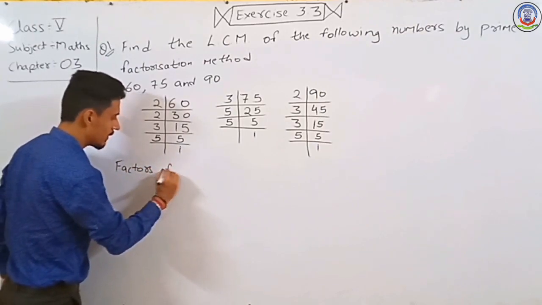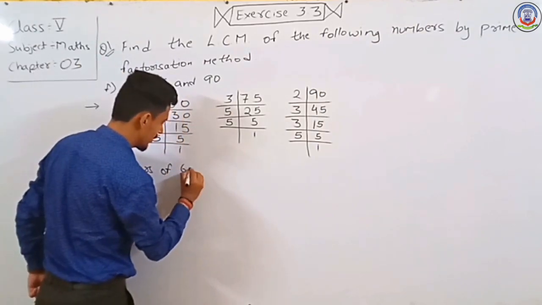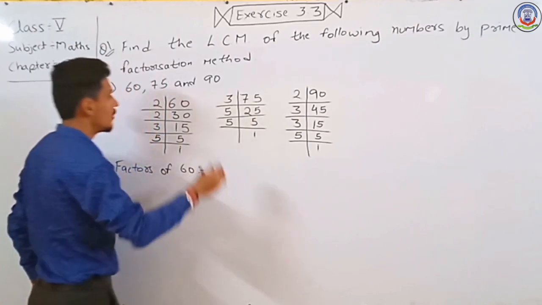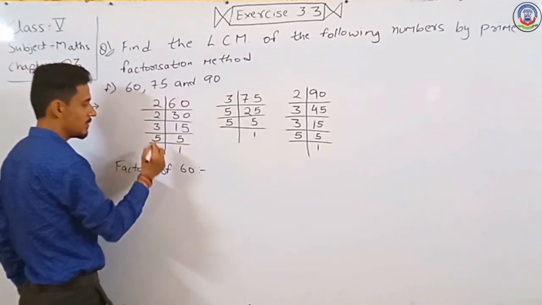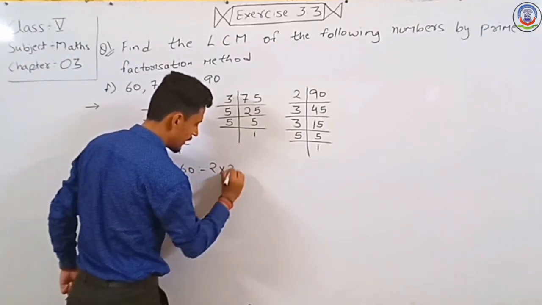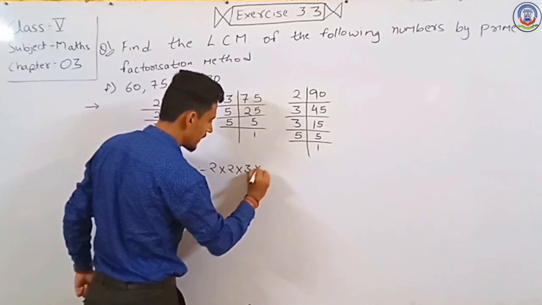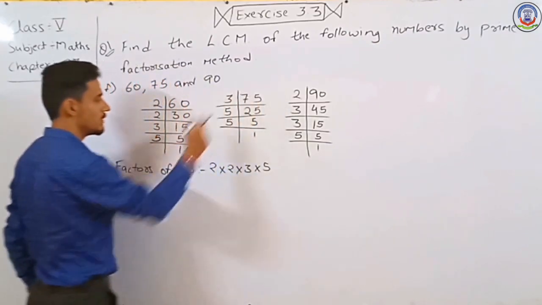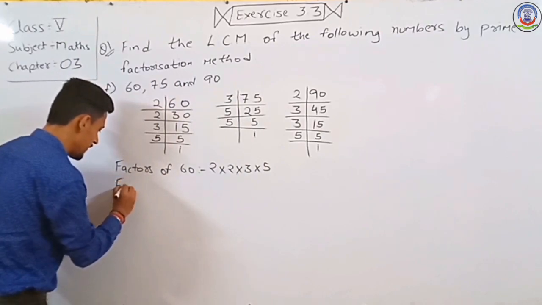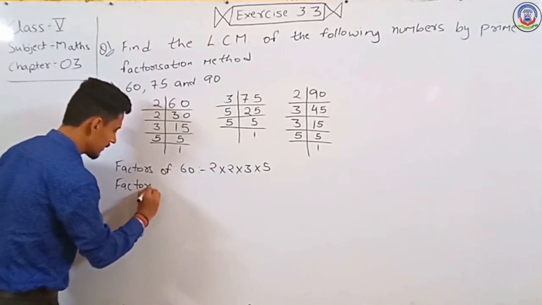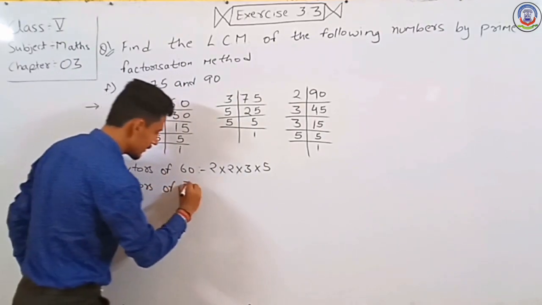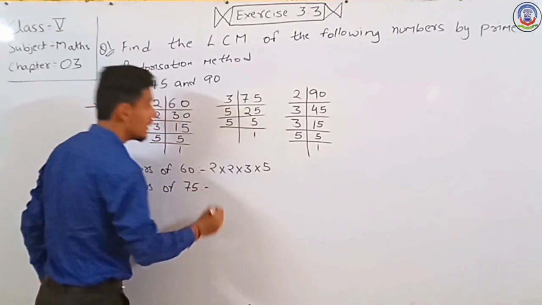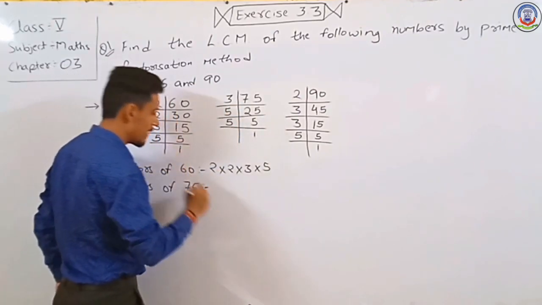So we write here factors of 60. What we have: 2 multiply 2 multiply 3 multiply 5. Next we have factors of 75, so we write here 75: 3 multiply 5 multiply 5.